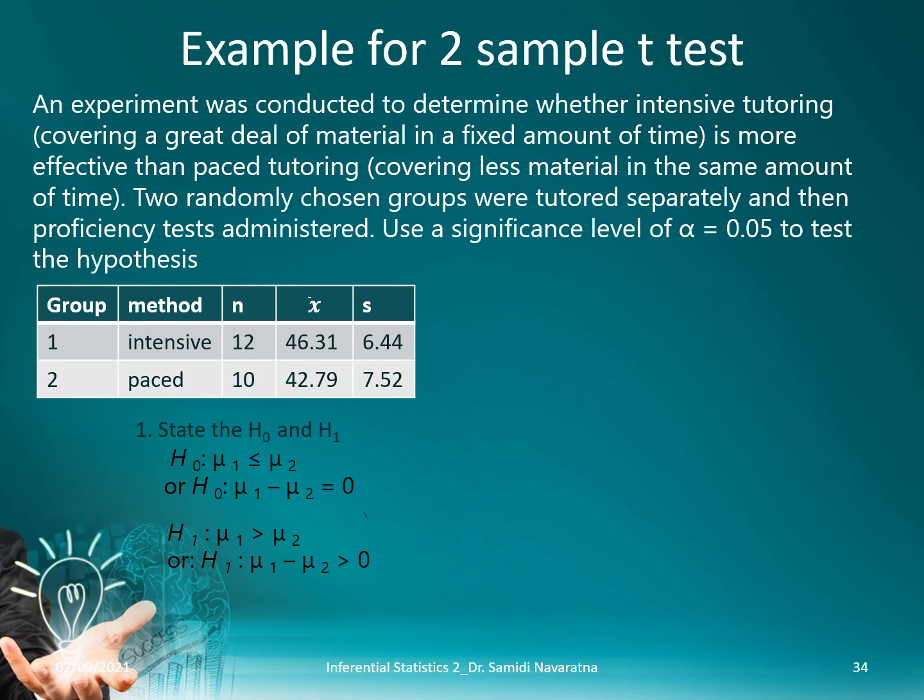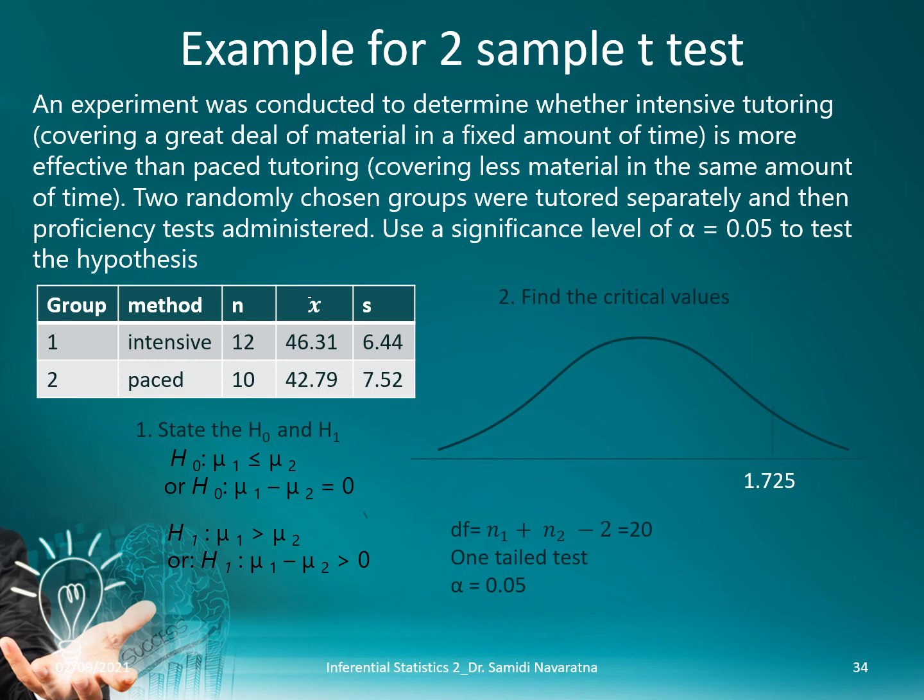So the next step is to find the critical values. So let's look at the null distribution, and as you can see, the critical value here is 1.725. How did we find that? We need to know the degrees of freedom and the alpha level.